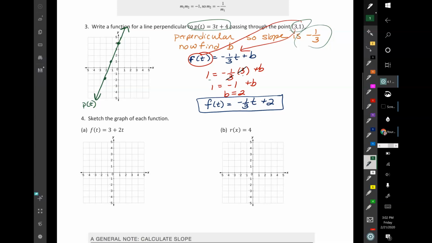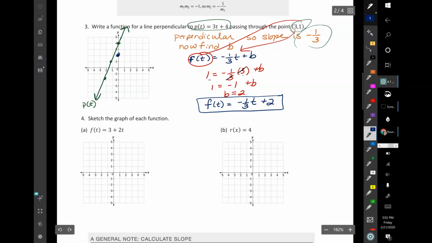And I solve and I get b equals 2. So my function comes out to be f of t equals -1/3 t plus 2. And I can graph that as well. My y-intercept is 2, and then my slope goes down 1, right 3. Let's try and do that in blue.